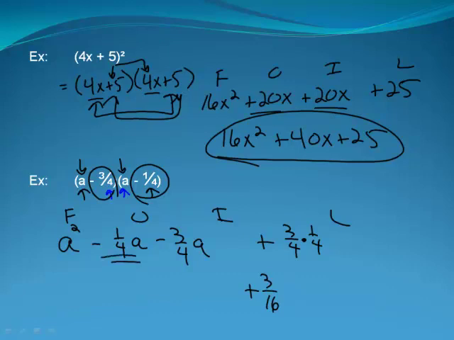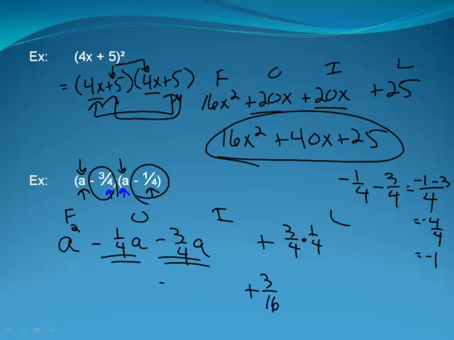Here I've got like terms to combine, and I'll do that up here. Minus 1/4 minus 3/4. I do have a common denominator, so do the math up top. Minus 1 minus 3 is negative 4 over 4, which is negative 1.